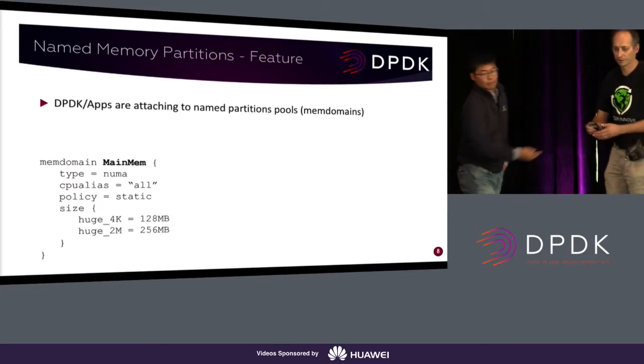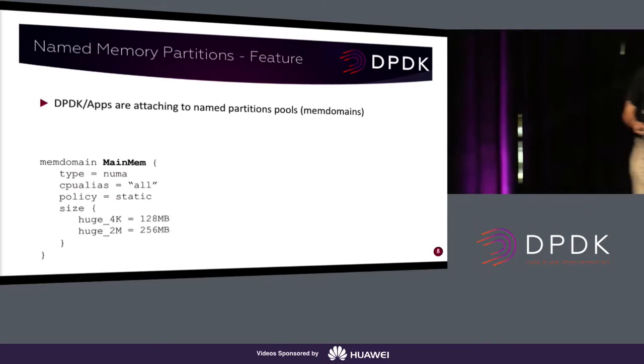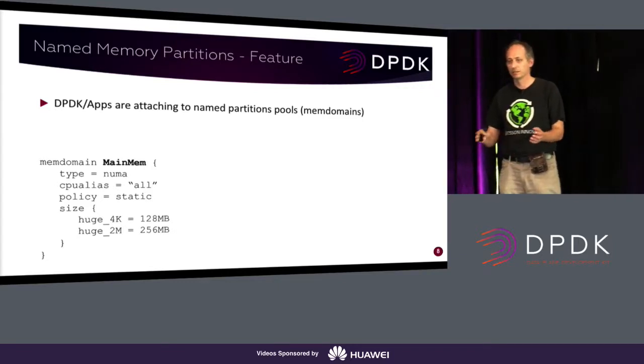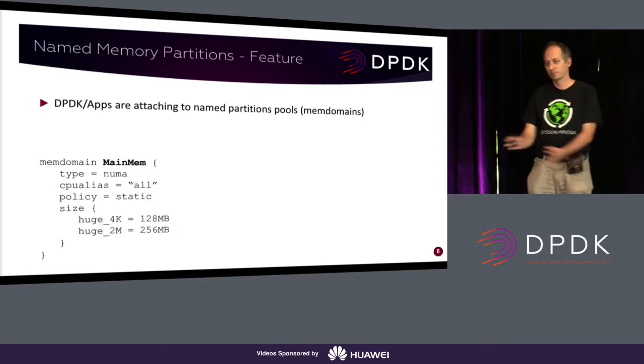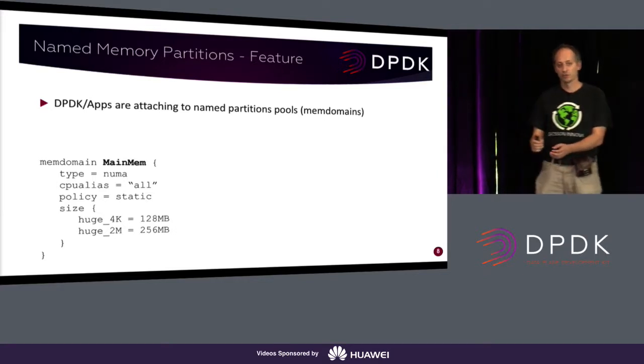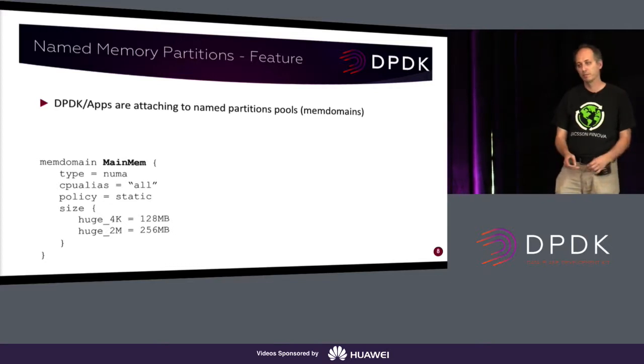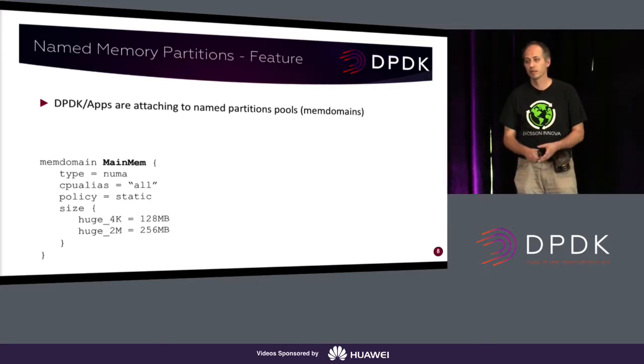Thank you. Okay, so basically the current problem is that in DPDK, the memory management is tightly coupled with DPDK at the moment. So if you use a specific version of DPDK, you're pretty much stuck with that memory manager.